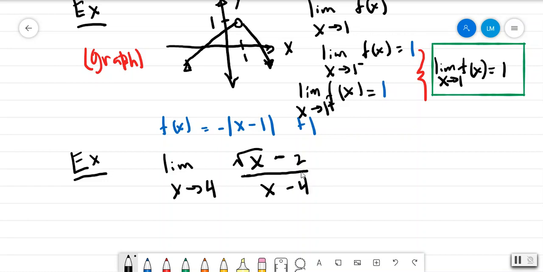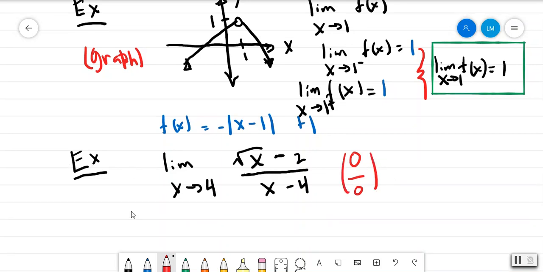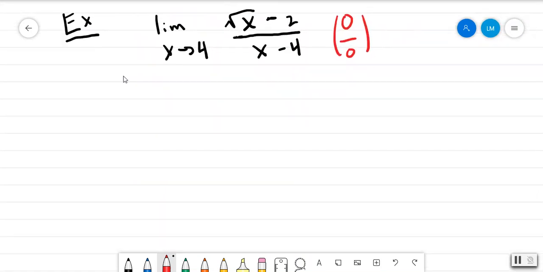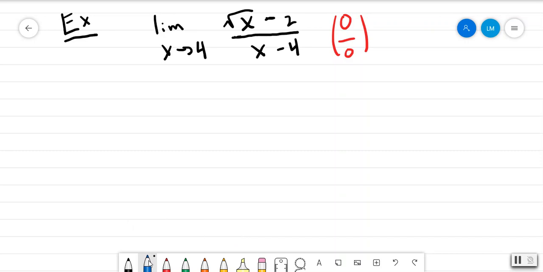Okay, so we want to figure out what this limit is. Now, note that if you plug the value into the calculator or into this equation, you'll figure out that it's basically going to give you 0 over 0, which is what we call indeterminate. So this means that we would need to rewrite the equation, or we could just make a table. Let's just make a table.